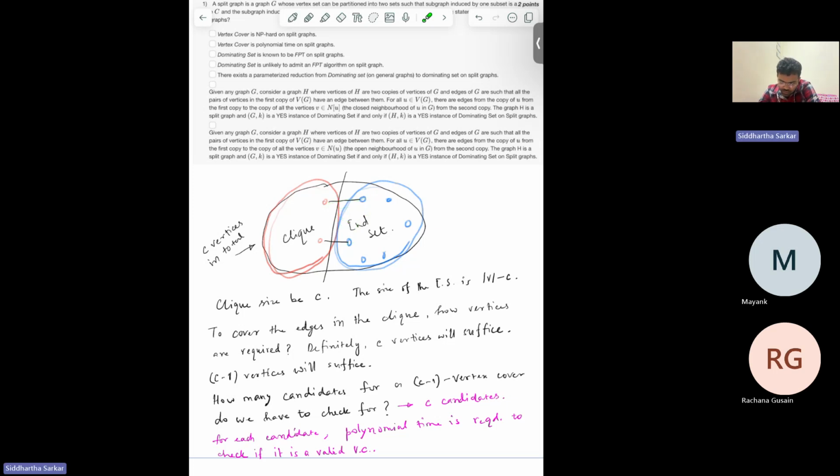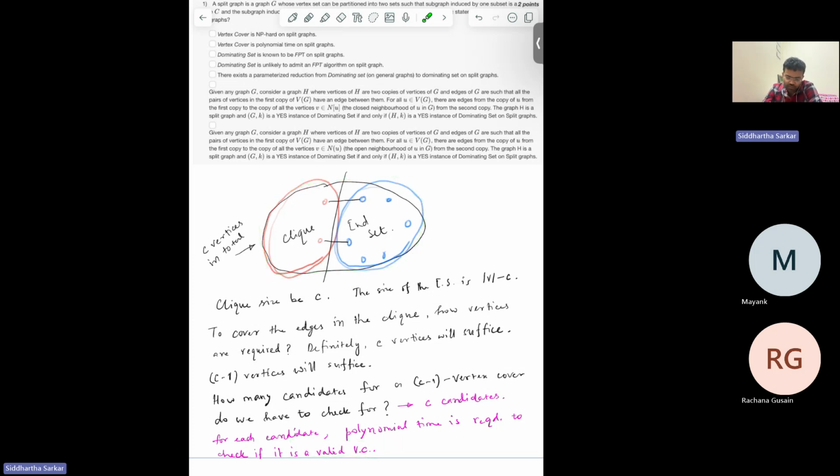Therefore, we can focus only on this side, because if multiple crossing edges are incident to one side and you are taking more vertices from the right side, then you are not doing it optimally. So we only concentrate on this side, and we can check whether c minus 1 vertices are sufficient to cover all the edges in this graph in polynomial time.